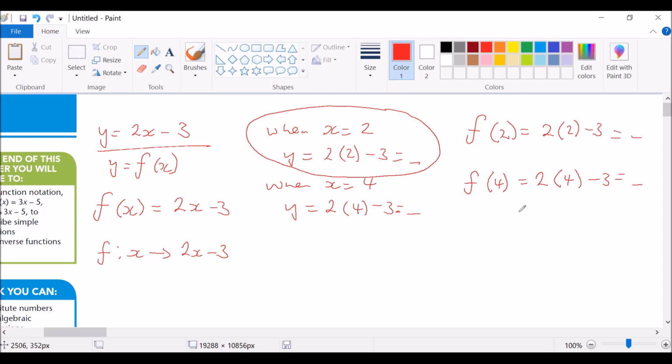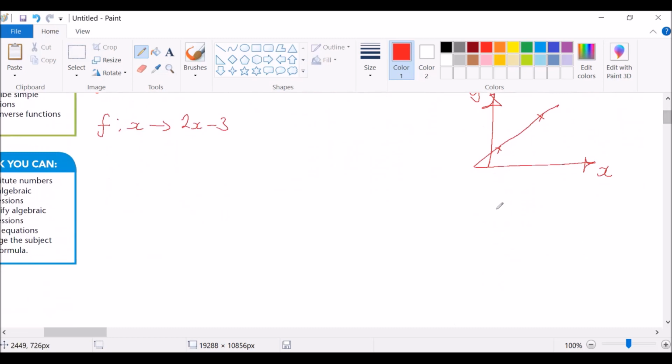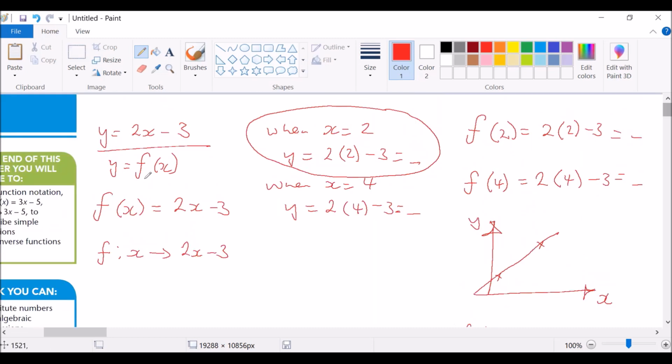So function notation gives us a shorthand way of expressing functions. Even when we are drawing graphs, we usually say y, x. Then we plot our coordinates, then we join them. Then we have our straight line graph. We can also plot the graph as f of x, because remember, y is the function of x.